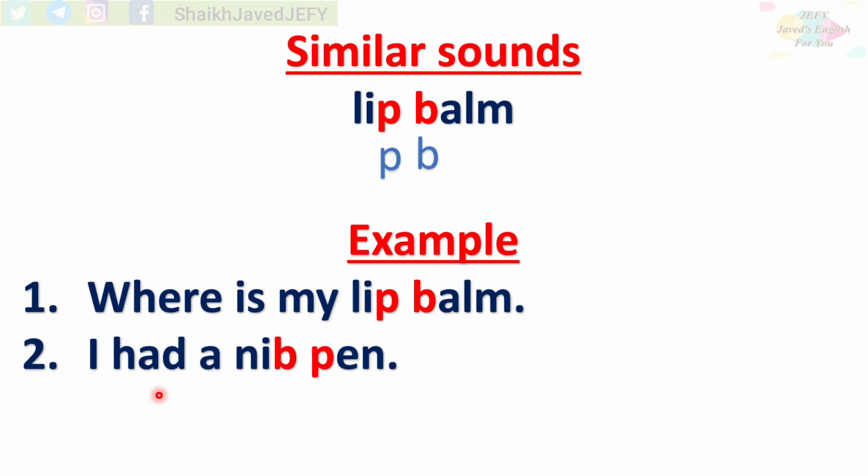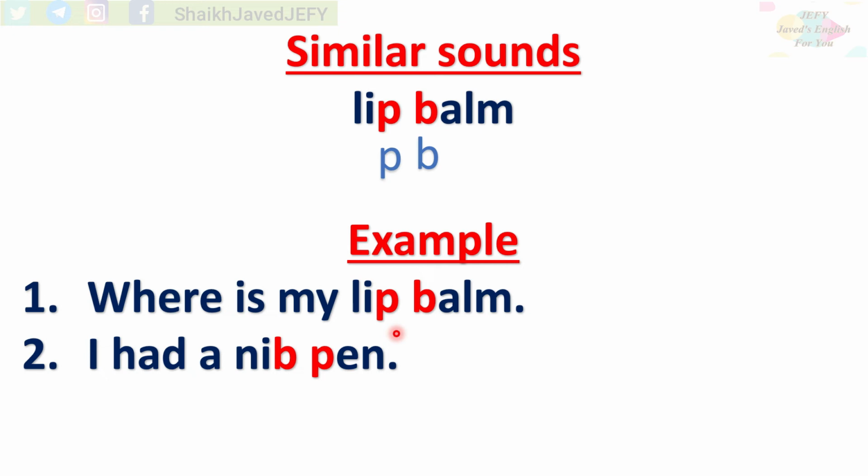The next, you can link p and b sound. For example, where is my lip balm? Lip balm. Because when you say p and when you say b, both your lips, upper lip and lower lip, they come in contact. Okay, when you say p or b, your lips come into contact. So there's no need to bring your lips in contact 2 times.